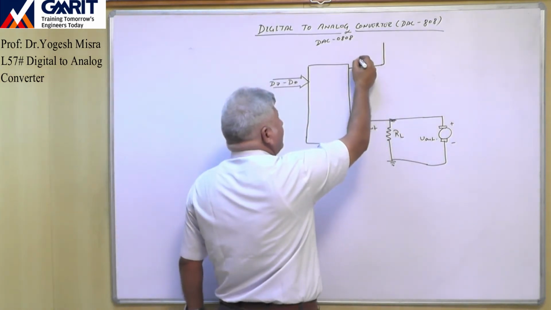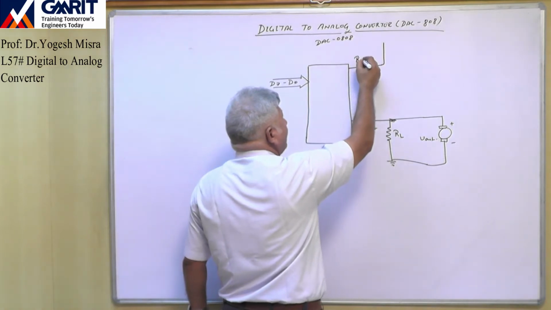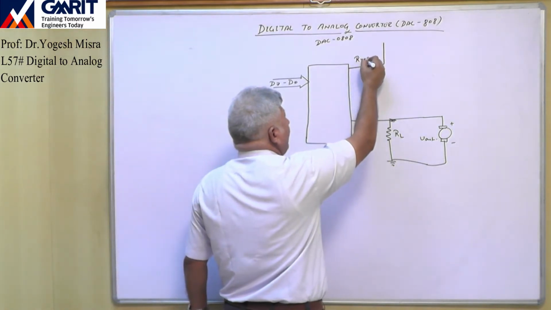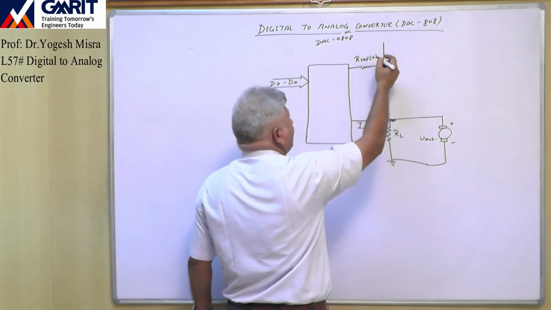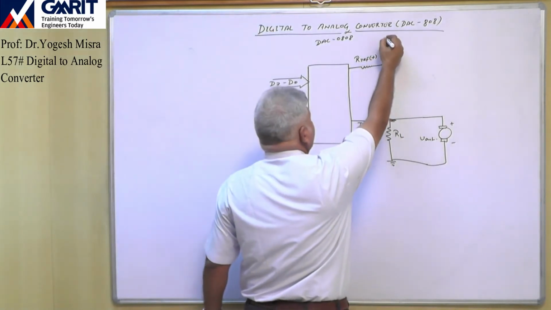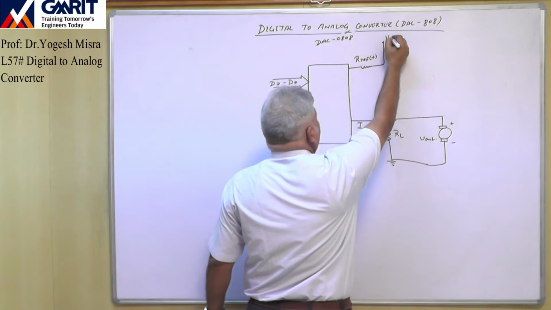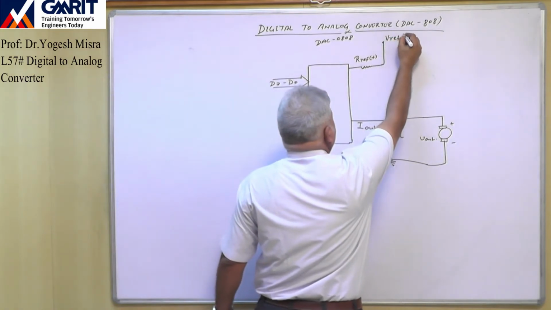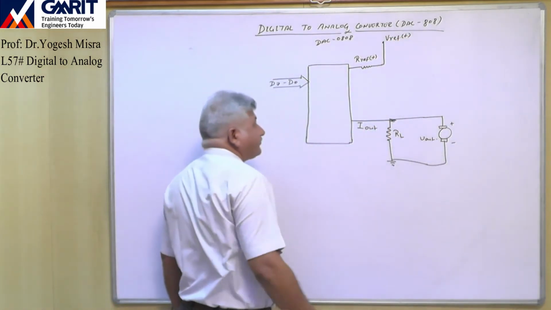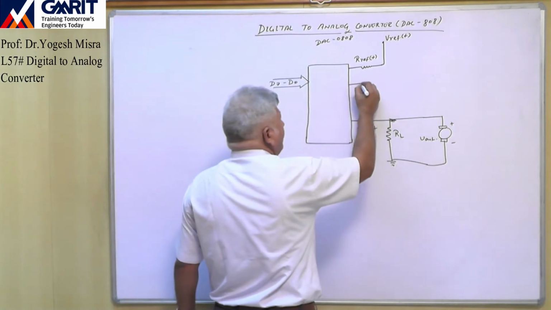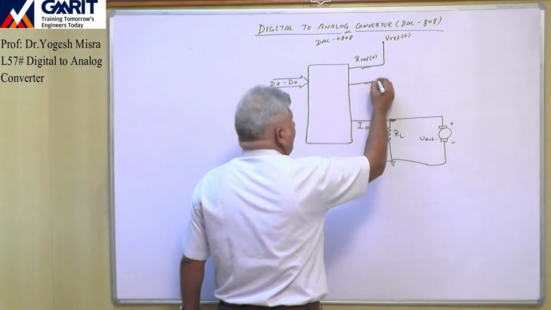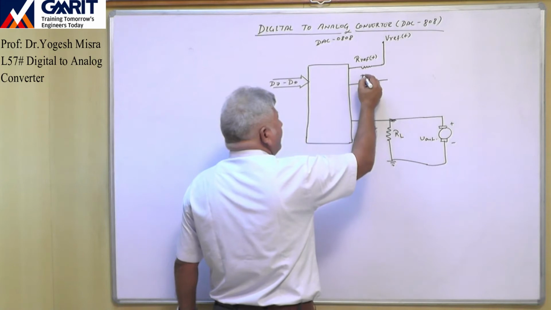And here we have an input pin. There is one resistor you have to connect. This is the R reference plus resistor, and this end is connected to V reference plus. There is another input pin. Again we have connected one resistor.